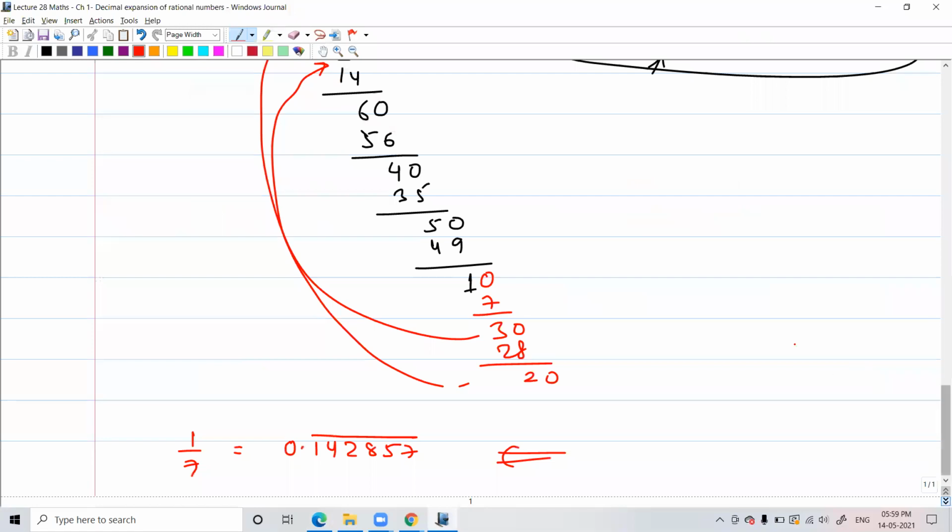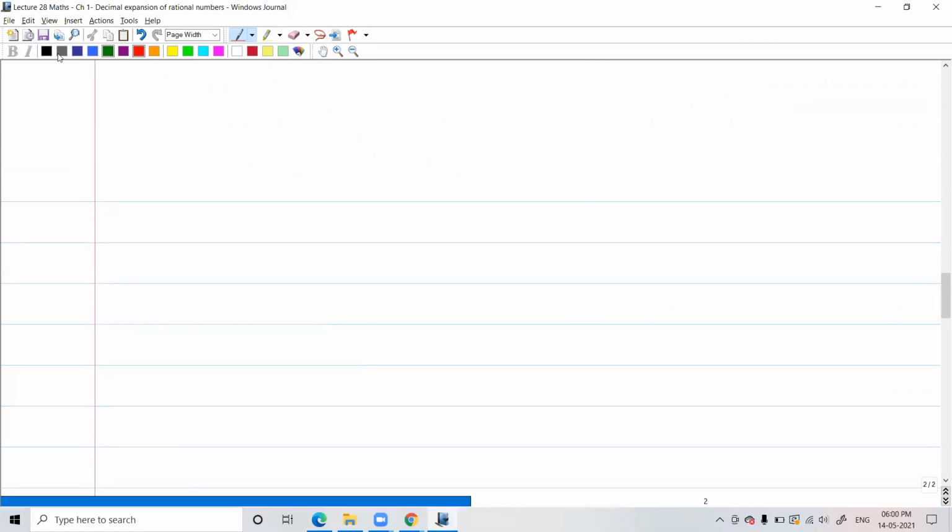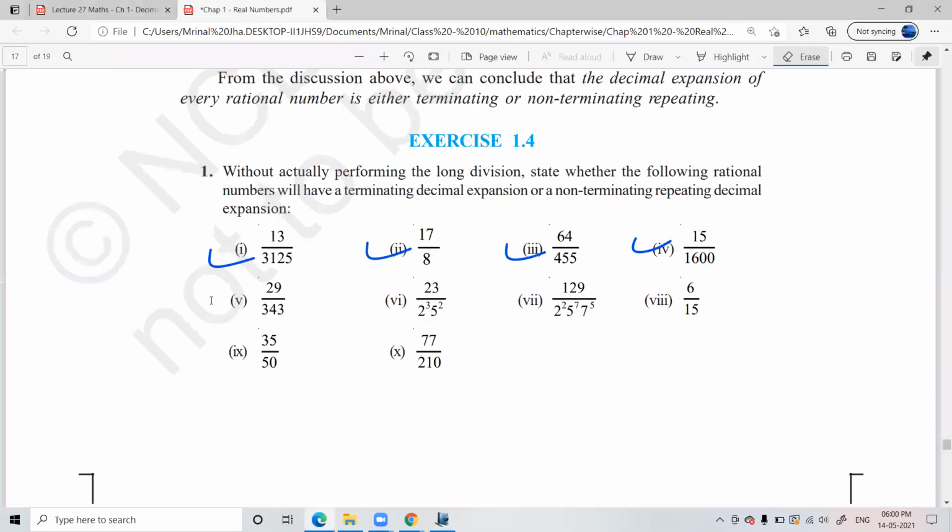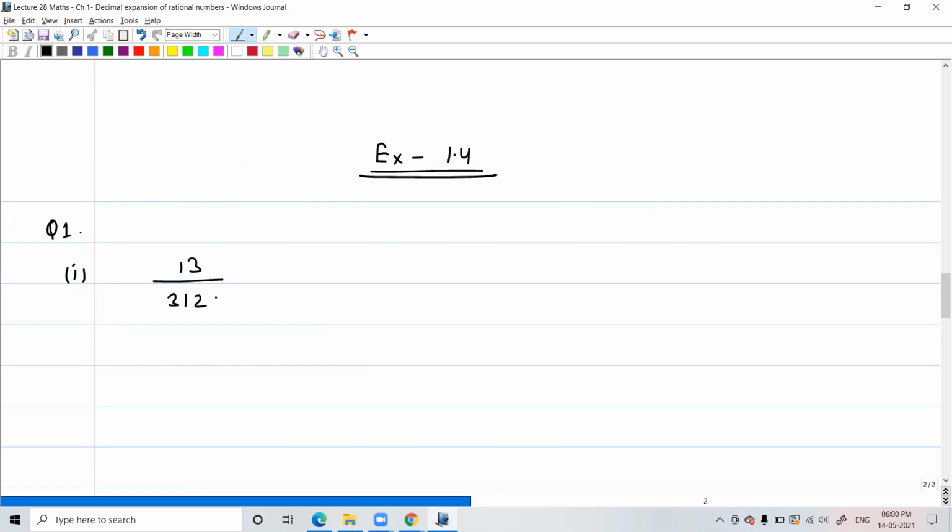So I will solve that first question. If anybody needs help, you can see, otherwise do this on your own. Exercise 1.4, question 1, first part. So what do we do?